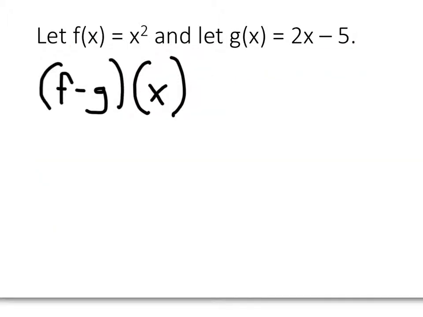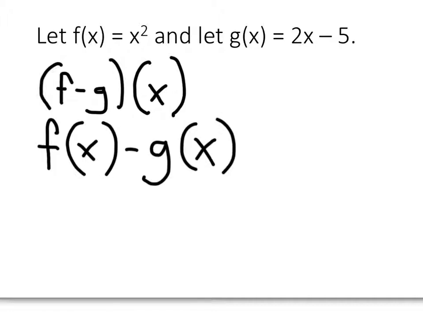Item number 2 asked us to do f minus g of x. Once again, we'll rewrite in simpler notation as f of x minus g of x, and then we'll make the appropriate substitutions.